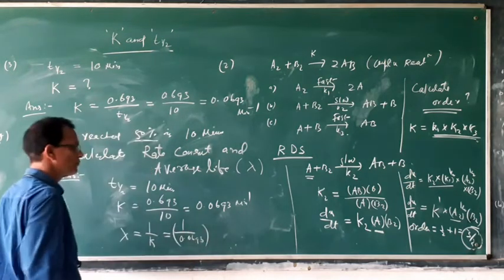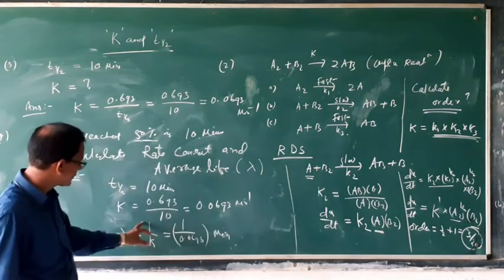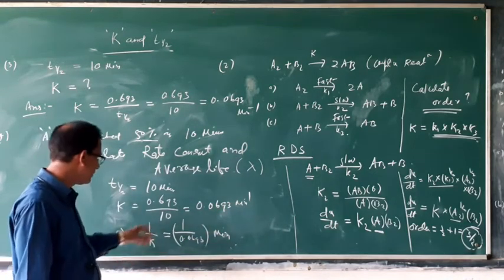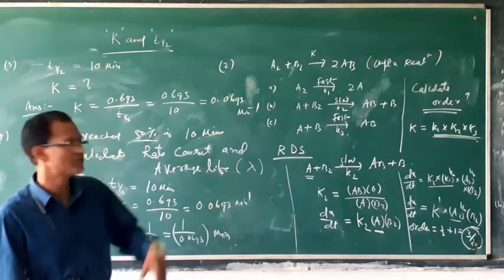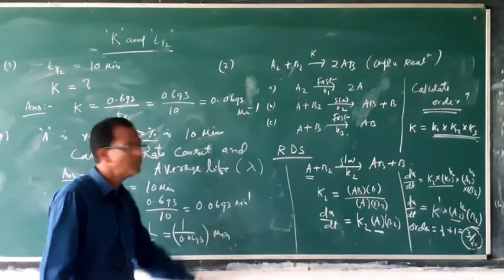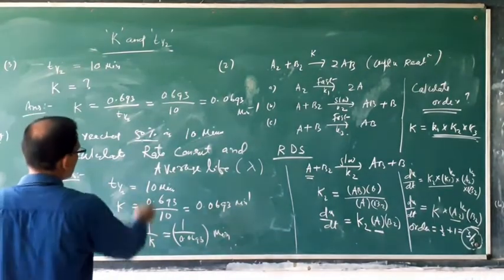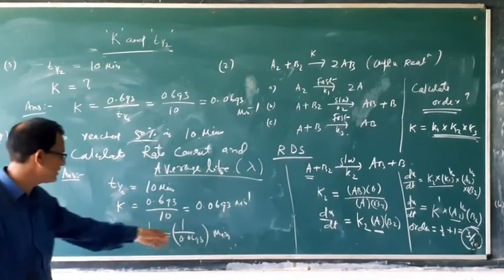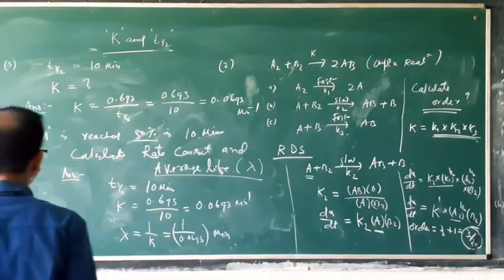This answer will be in minutes, because the rate constant is minute inverse, so your lambda will be minute. So remember, this is one important formula: the relation between average life, half life and rate constant. Average life equal to 1 by K.